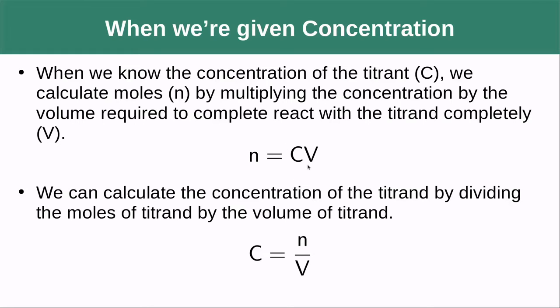This assumes that we have a concentration unit that is based on moles, like molality or most often molarity. We can calculate the concentration of the titrand by dividing the moles of titrand by the volume of the titrand. So once we know the number of moles, we can divide by the volume and we will know its concentration.